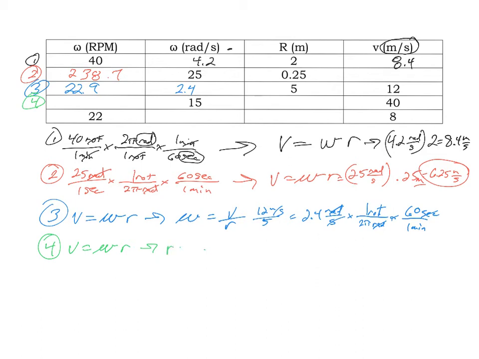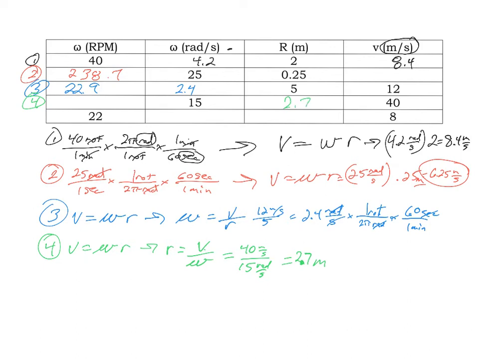My radius equals linear velocity divided by angular velocity, which equals my v is 40 meters per second, and my angular velocity is 15 radians per second, and this is going to come out to be something in meters. 40 divided by 15, which I feel like I should know that, 2.7 meters, and that goes here, 2.7, and now I need rotations per minute.